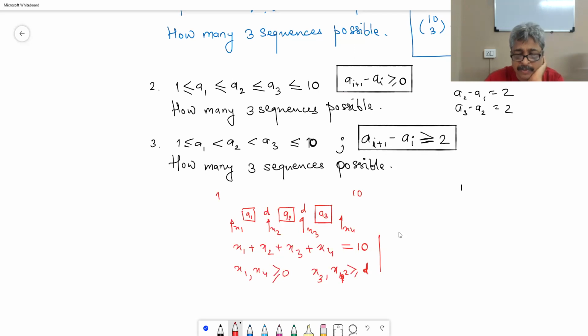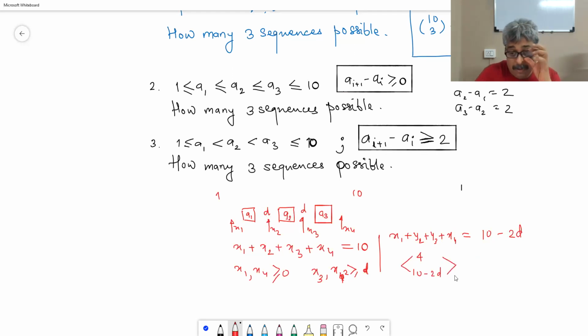Therefore, our next level equation will be x1 plus y2 plus y3 plus x4 is equal to 10 minus the minimum D chairs you want in between, and there are 2 gaps, 2D. That is what is left with me. These many numbers are left with me, and hence the answer is 4 choose 10 minus 2D.